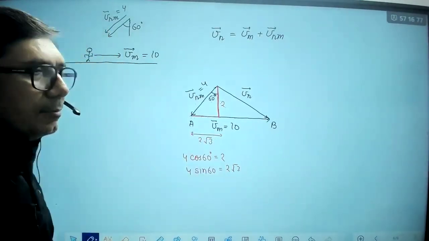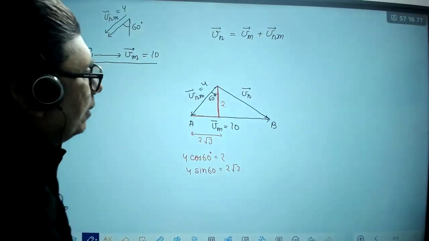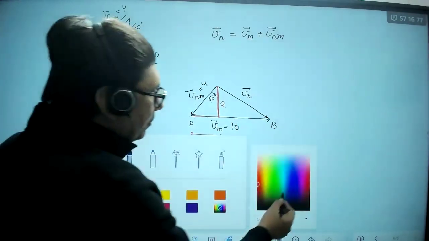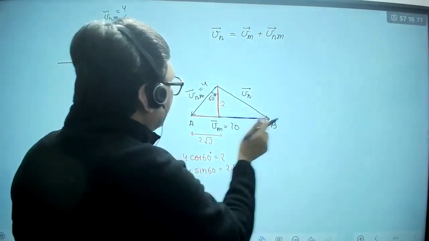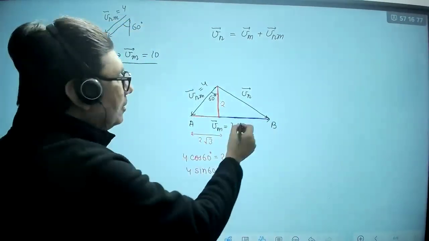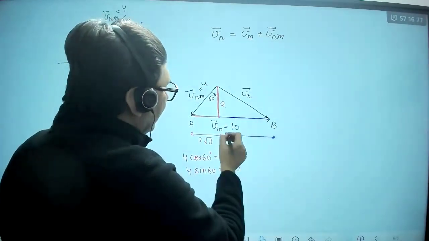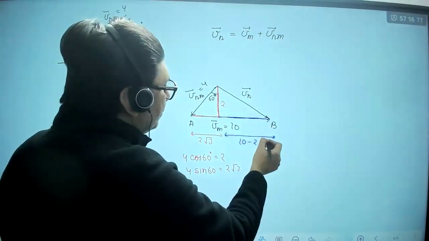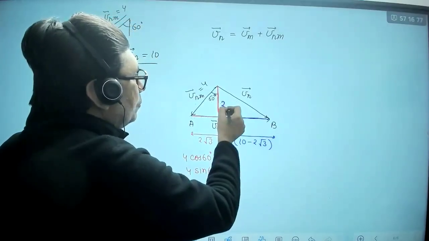2 root 3. I'm telling you the simplest method for solving this type of problem. So what will be this side? Now you are going to draw. I want to find out how much is this. Total was 10. This is 2 root 3. So this side from here to here will be 10 minus 2 root 3. And this is 2.